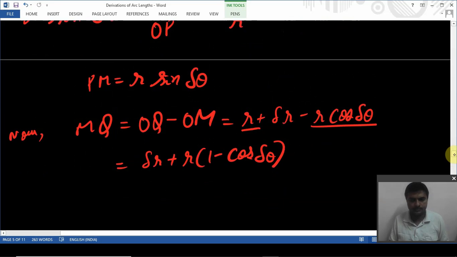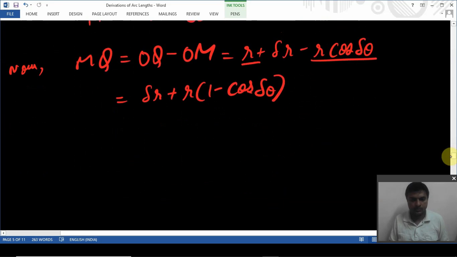Yes, friends. So if you are getting confused, just rewind the video once again. You will understand definitely. So now just simplify 1 minus cos delta theta. Please remember, (1 minus cos delta theta) divided by 2 is nothing but sine square (delta theta by 2), the half angle formula.